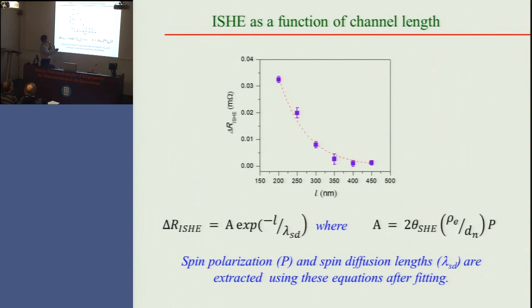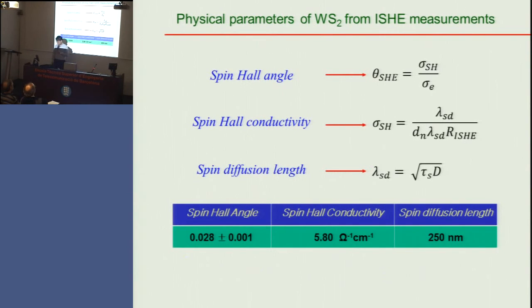This observation can be fit by a formula, which is an exponential decay with the distance from injector to detector. By fitting that, what you can get is how strong your inverse spin-Hall effect is.